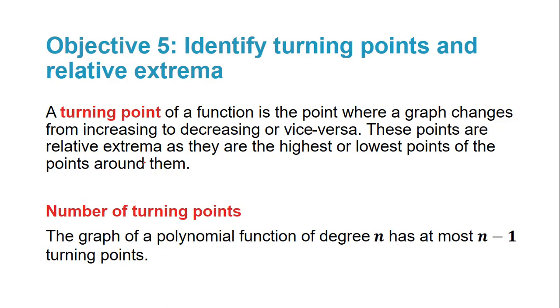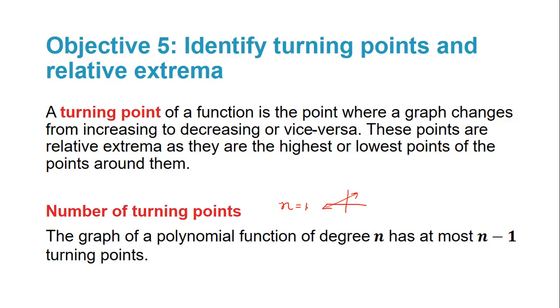The graph of a polynomial function of degree n has at most n minus 1 turning points. Think about this. A linear function has degree n equal to 1, and the graph of a line has no turning points.